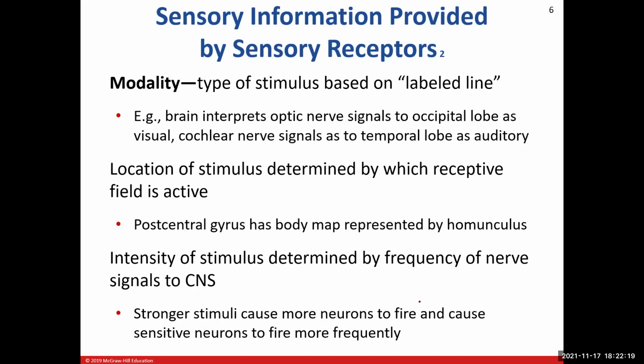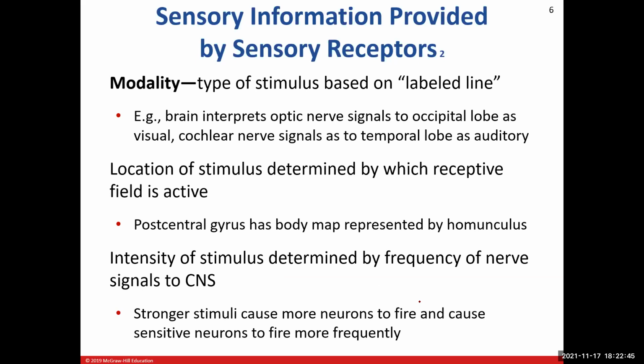So the first category that we talk about for our sensory stimulation has to do with modality, and this is the type of stimulus. This is based upon when that nerve signal comes in from the receptor, where does it go in the brain? If that nerve signal goes to the occipital lobe, then we know it's a visual stimulus.